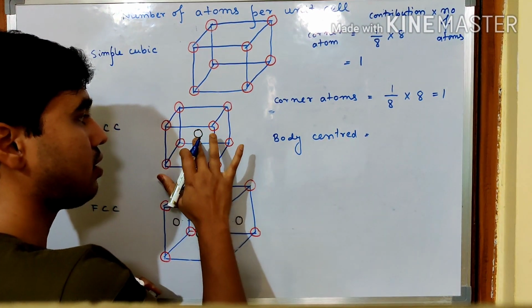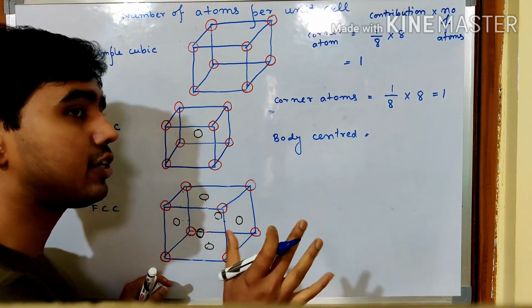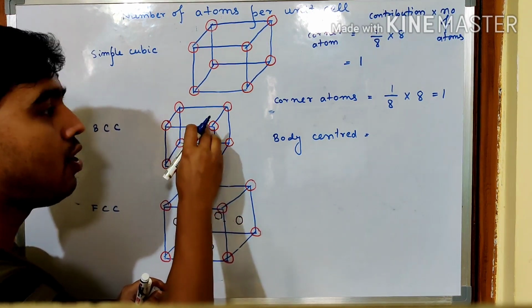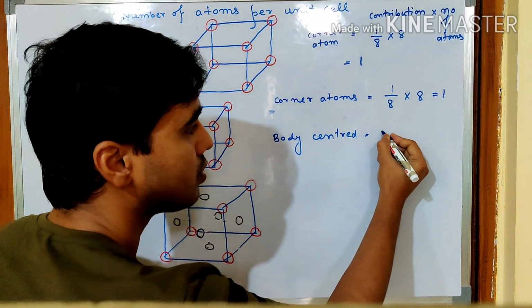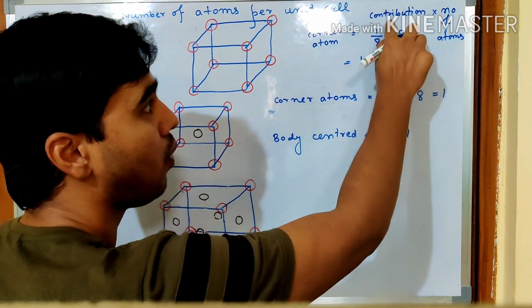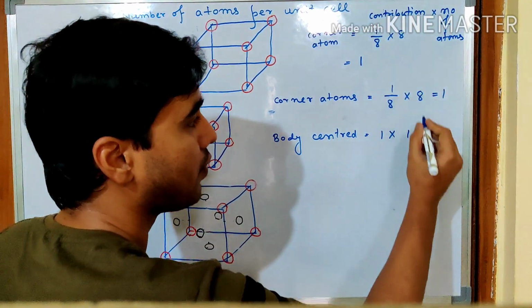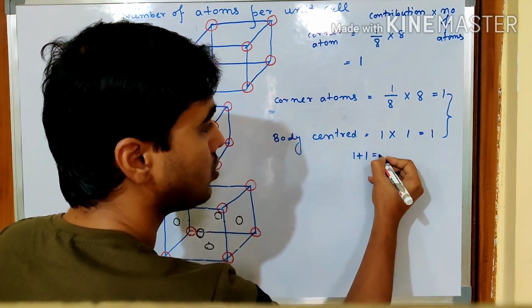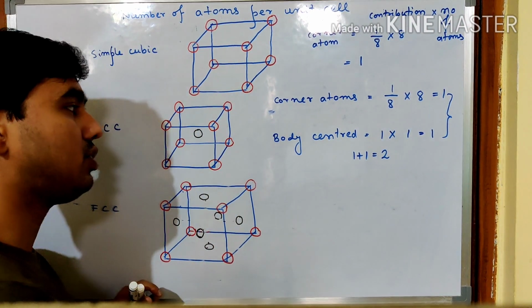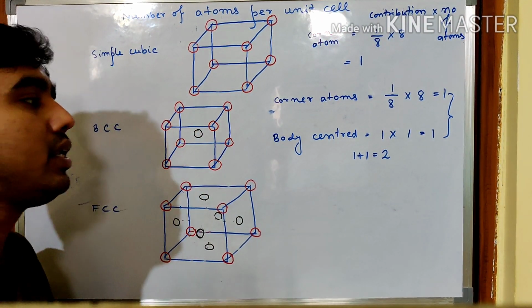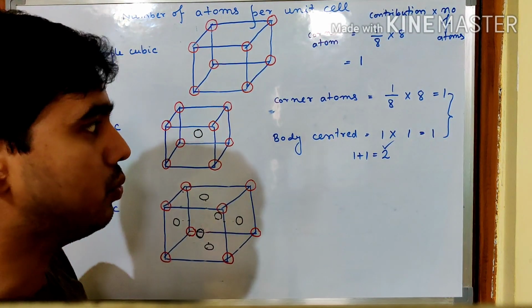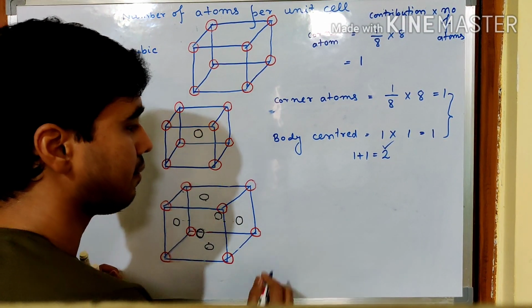And body center, we know how much it contributes totally of its volume, that is 1, because it is fully within the cube. So it is 1 into 1. 1 is the contribution and 1 is the number of atoms, so it is 1. So in total, it is 1 plus 1 is equal to 2. So if the question comes, in the body centered structure, how many atoms are effectively within the unit cell? Answer should be 2.